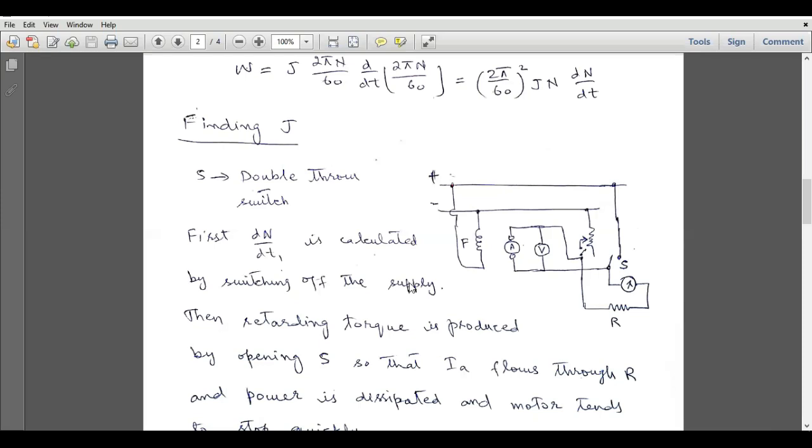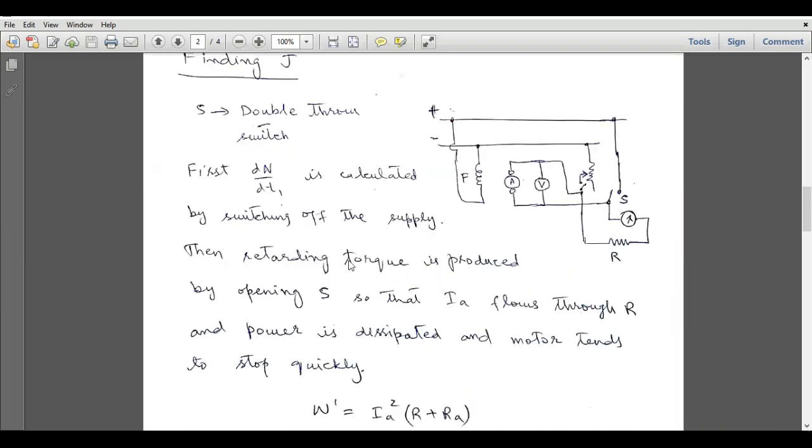In this case, we will get a second expression for W, and by using these two expressions, we can eliminate this J. Let's see how this happens. S is a double throw switch. First, dN by dt1 is calculated by switching off the supply, as we did in the first case.